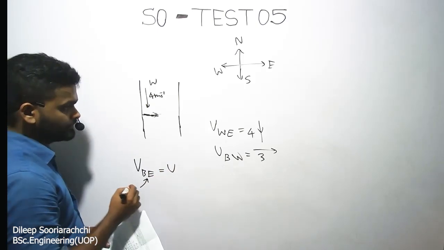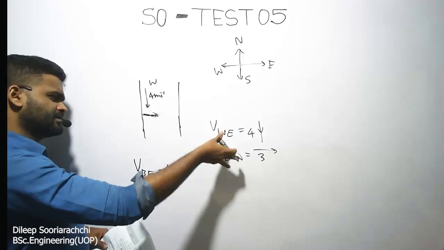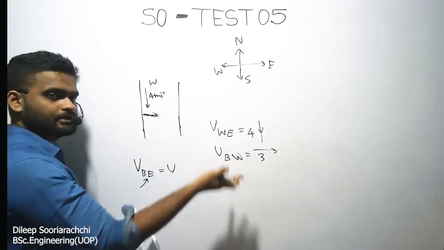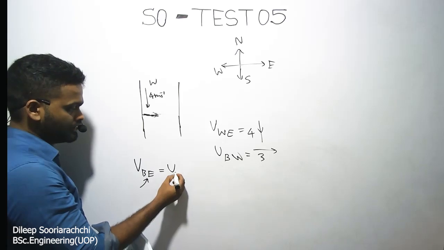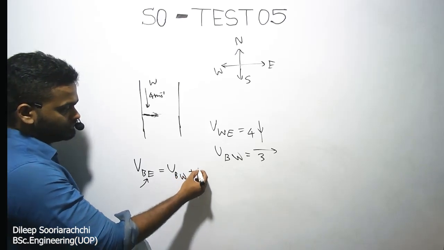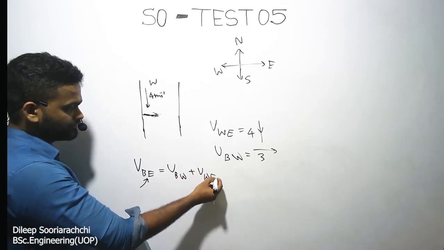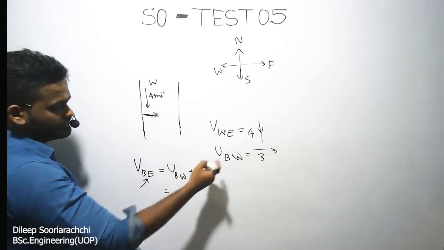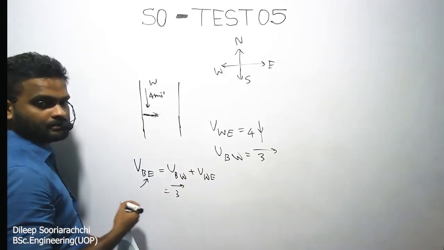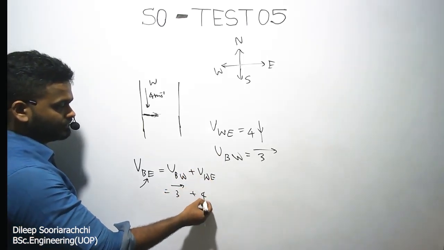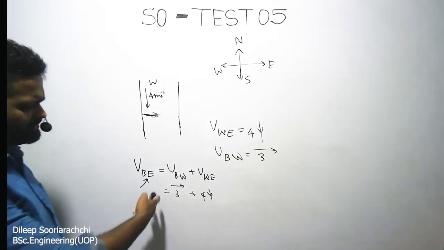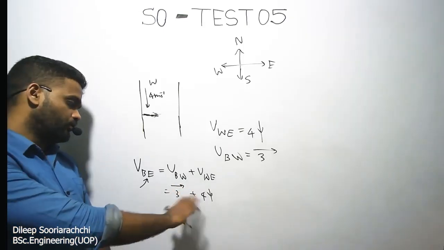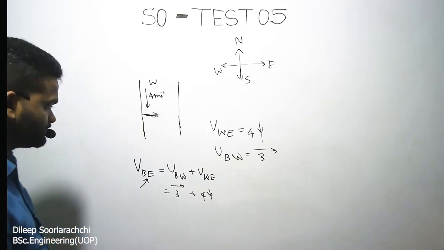Because all the velocities are not relative to earth, you have to apply the basic equation V_BE equals V_BW plus V_WE. What is V_BW? 3 to this side. V_WE is 4 to this side. Now these are two vectors, so we just have to take the vector addition there.